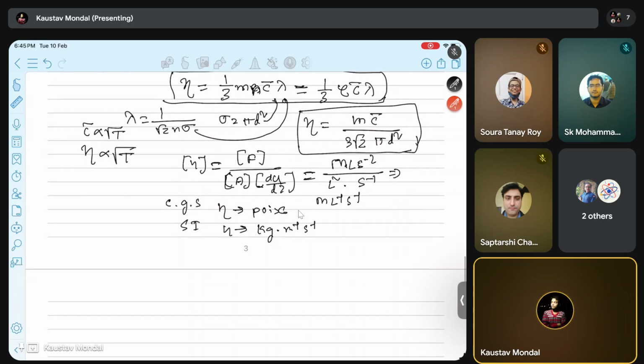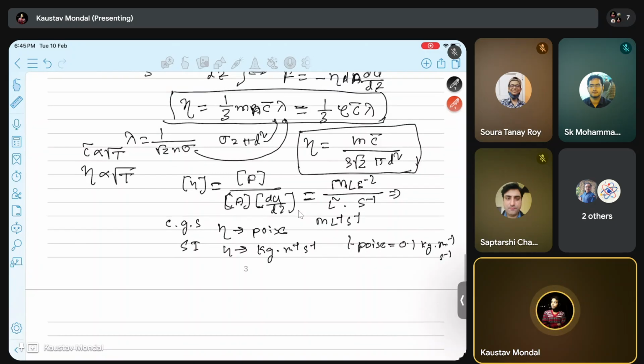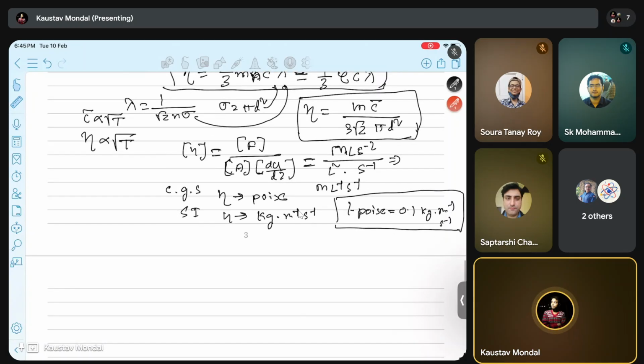One poise is equal to 0.1 kg meter inverse second inverse. You have to remember this, because in the problem whatever unit is mentioned, you have to use according to that. You may have to convert the unit from CGS to SI or SI to CGS, so for this you have to remember.